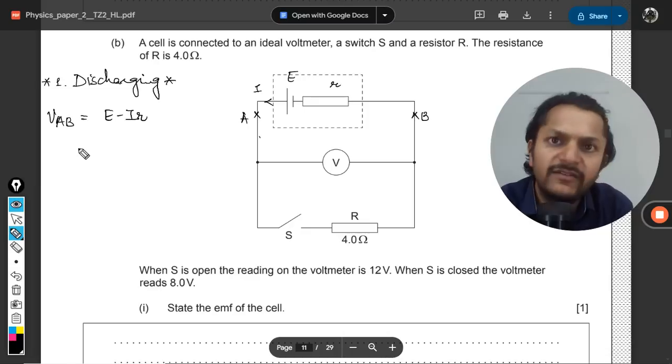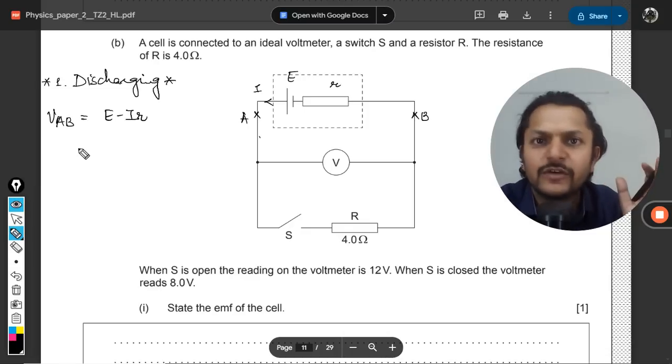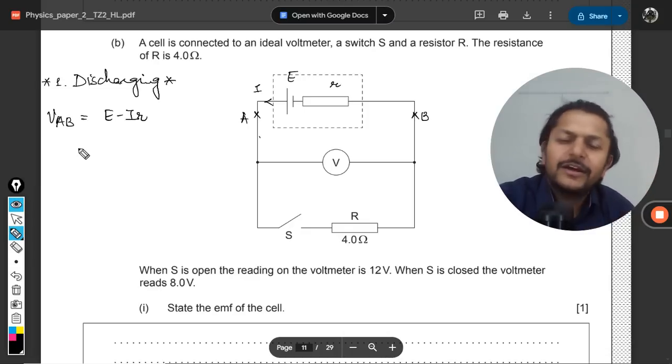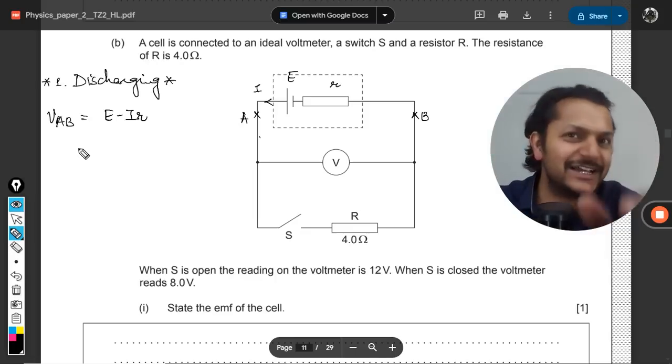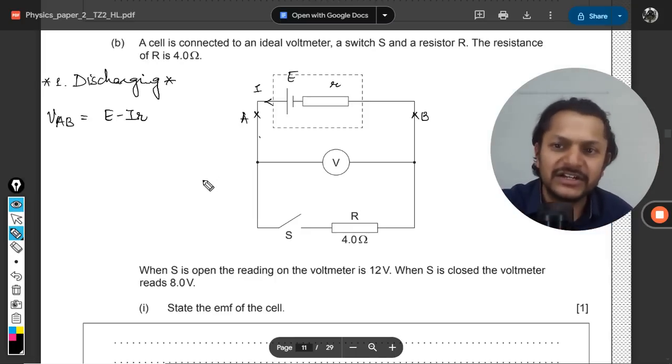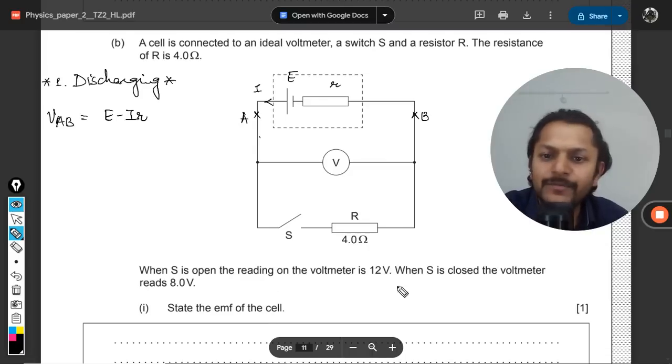You can derive it with the help of Kirchhoff's law, but I believe you're not interested in that, so just take this formula. VAB is equal to E minus IR. Okay, that is discharging.